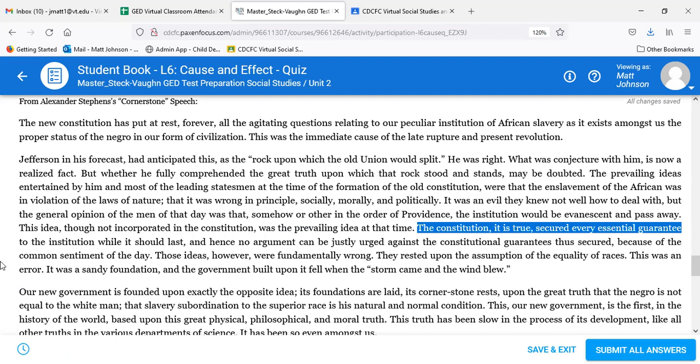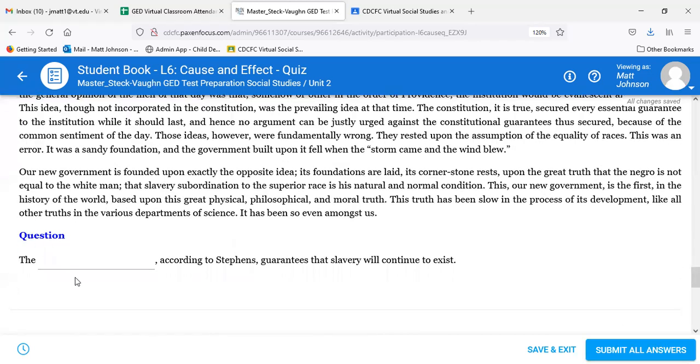He's saying the Constitution secured every essential guarantee to the institution while it should last, and hence no argument can be justly urged against the constitutional guarantees thus secured because of the common sentiment of the day. How ironic it is that they're pointing to the Constitution, which is supposed to guarantee all these freedoms for everybody, to protect the institution of slavery.